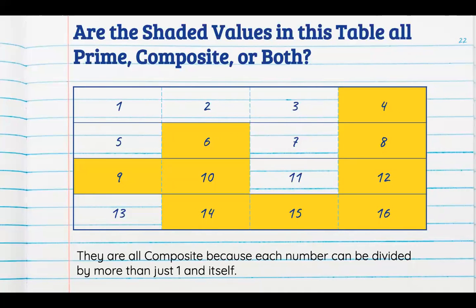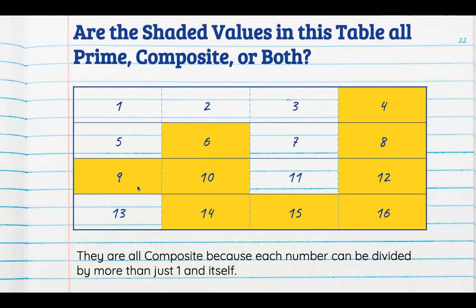So all these numbers are composite because each number can be divided by more than just 1 and itself. 4 can be divided by 2 and 2. 8 can be factored into 4 and 2. 12 can be factored into 4 and 3 and 6 and 2. 16 can be factored into 2 and 8 and 4 and 4. 15 can be factored into 3 and 5. 6 can be factored into 2 and 3. 10 can be factored into 2 and 5. 14 can be factored into 2 and 7.